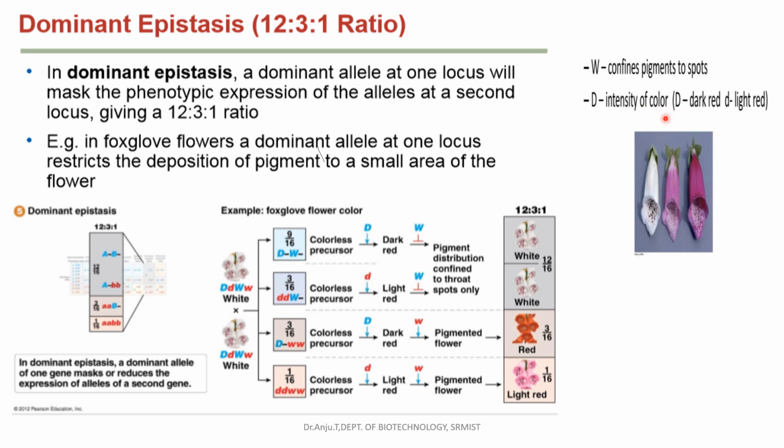The dominant D allele gives a dark red pigmentation, whereas the recessive small d allele produces a light red pigmentation.